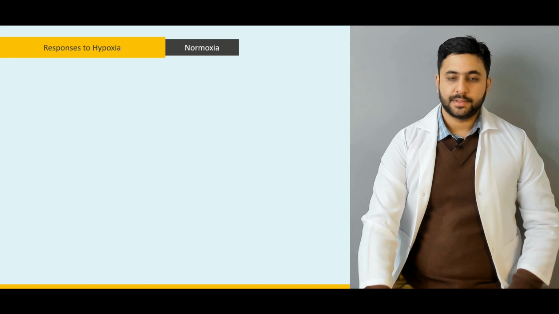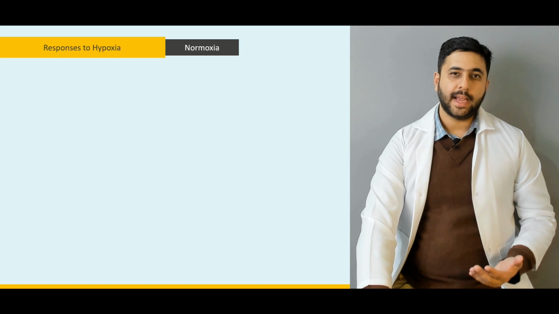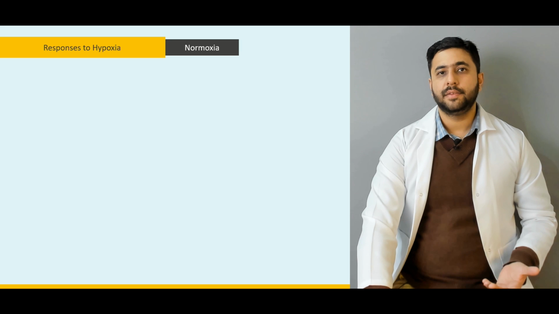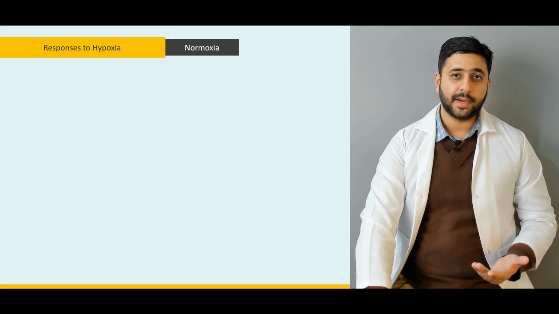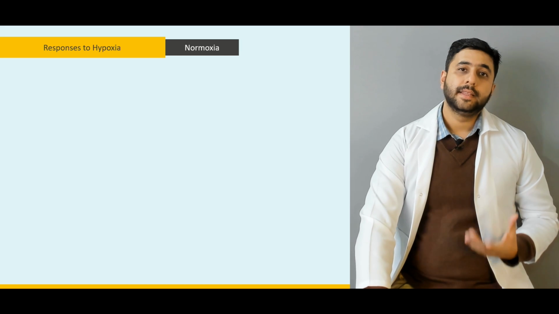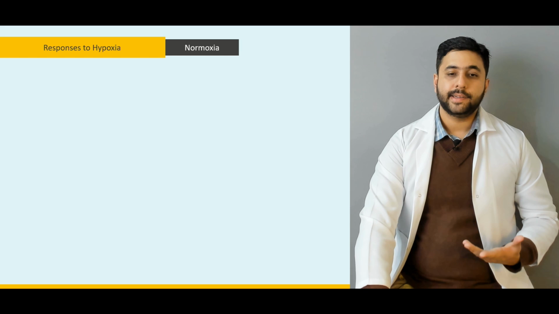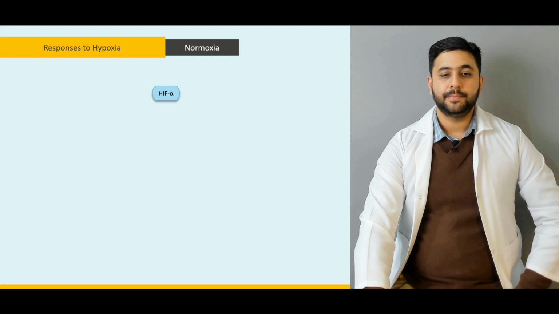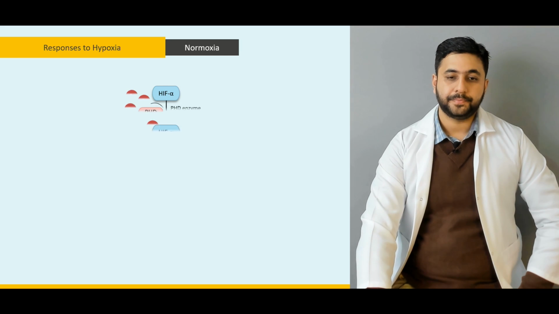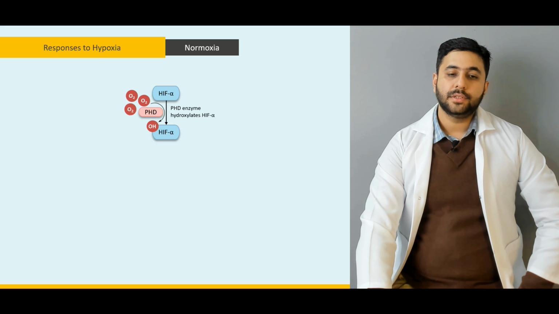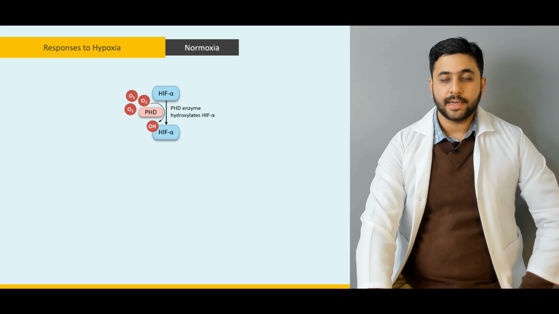So in a normal person, when there is adequate oxygenation, there is a protein called the hypoxia inducible factor, which is induced by the HIF gene, that is normally inhibited. How is it inhibited? Let me show you in this slide. The hypoxia inducible factor HIF alpha, as it is represented here, normally combines with oxygen and gets hydroxylated.